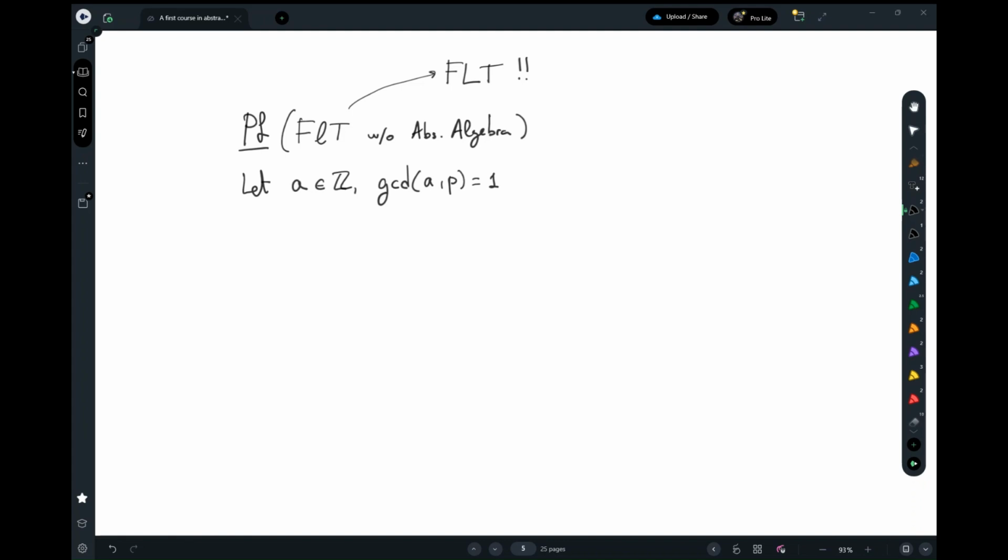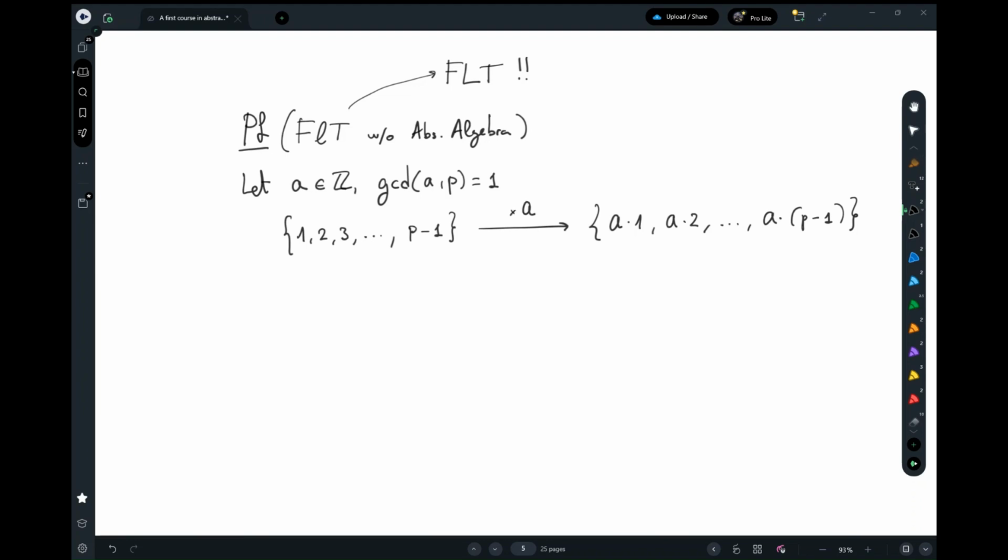I'm going to consider the numbers 1, 2, 3, up to p minus 1, and I'm going to do a map. I'm going to multiply them by a: a times 1, a times 2, up to a times p minus 1. Okay, so this is just times a.